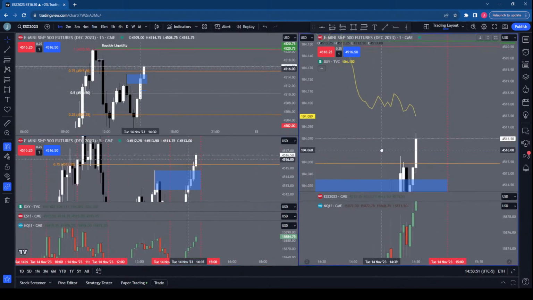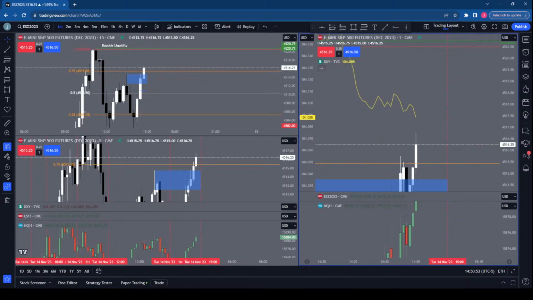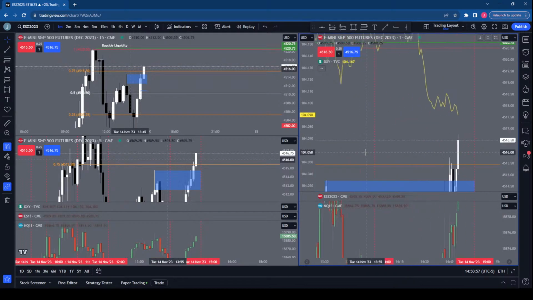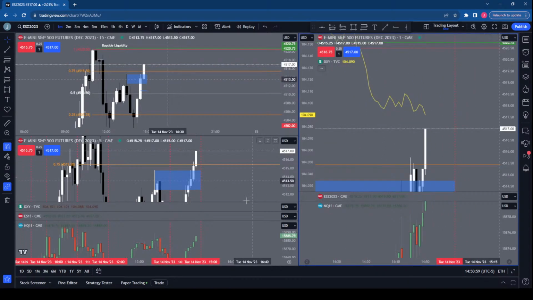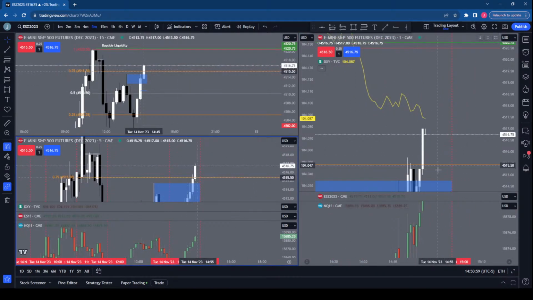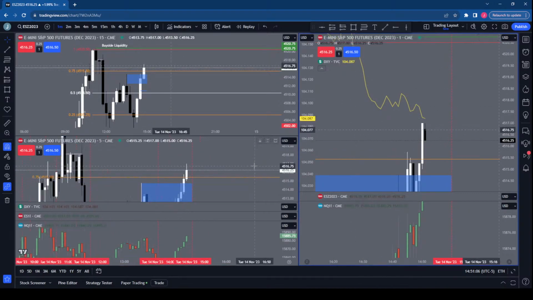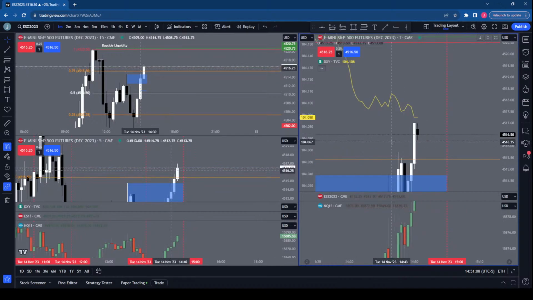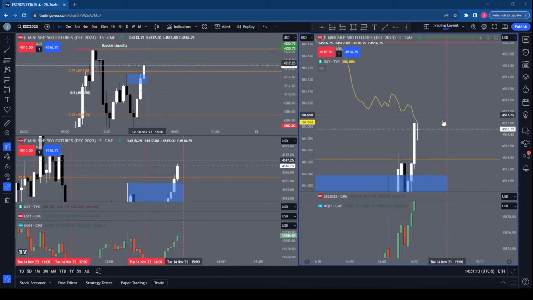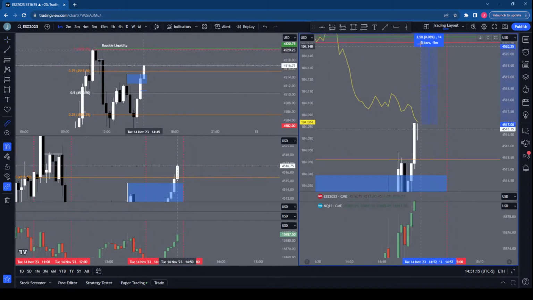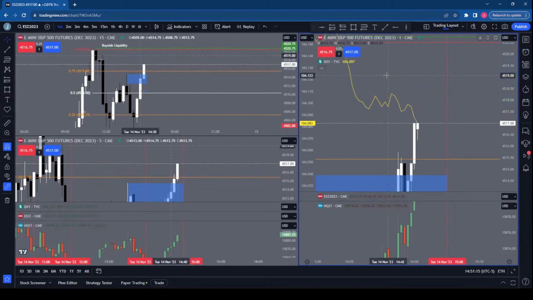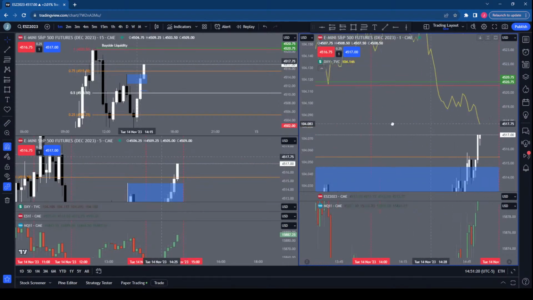Damn, are we really going to get no fair value gap to enter in on? Got to get at least one. Oh, we barely got any room to that buy side.